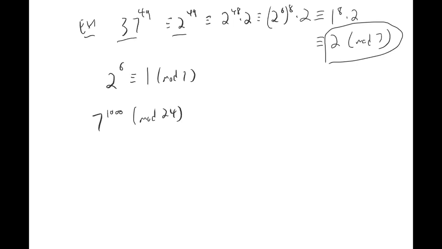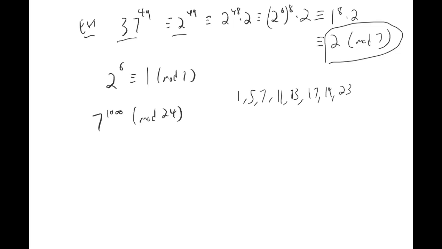So which numbers are co-prime to 24? We have 1, 2, no, 3, no, 4, no, 5 is co-prime, 6, no, 7, 8, 9, 10, 11, 13, 17, 19, and 23.